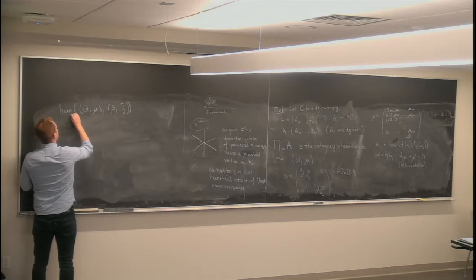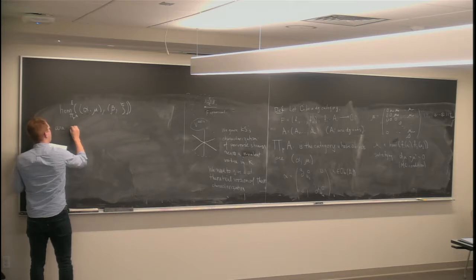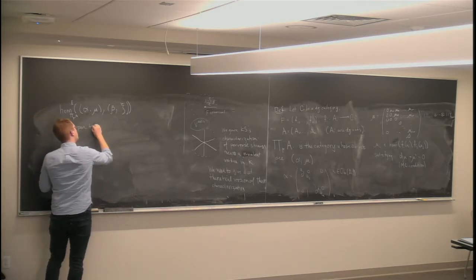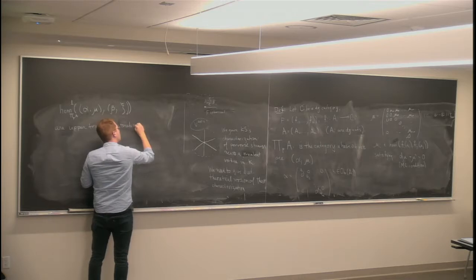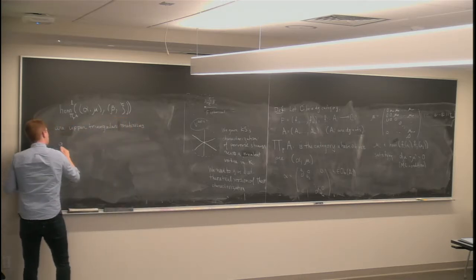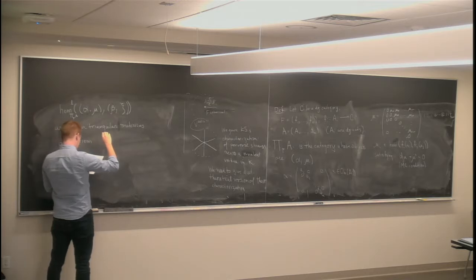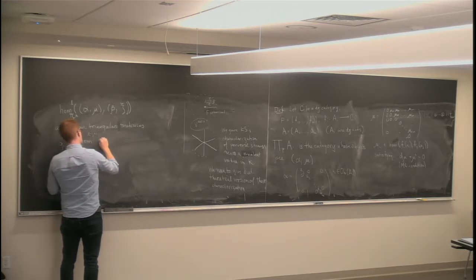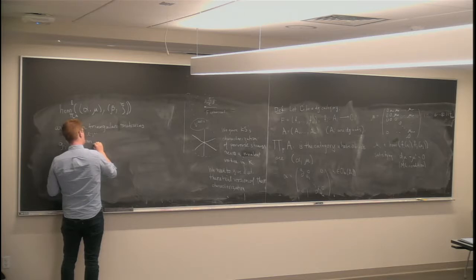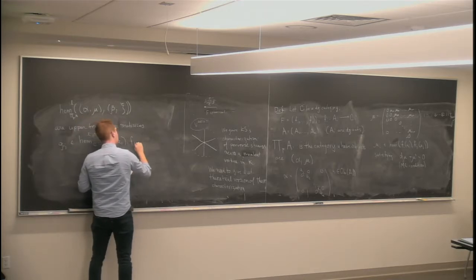Then Hom in prod F A of degree L is our upper triangular matrices with entries g_ij in degree L minus j plus i in the category C between F_i A_i and F_j B_j.